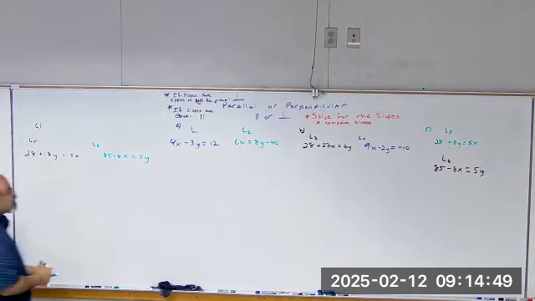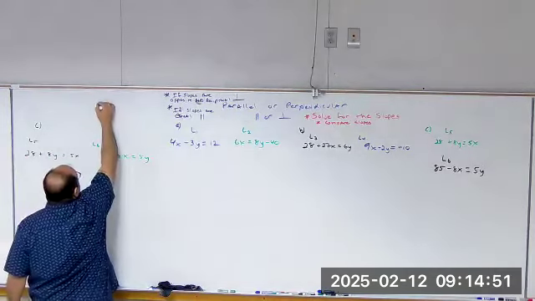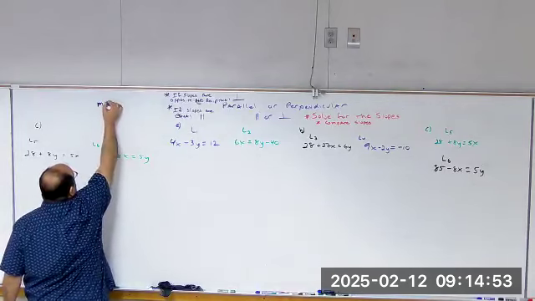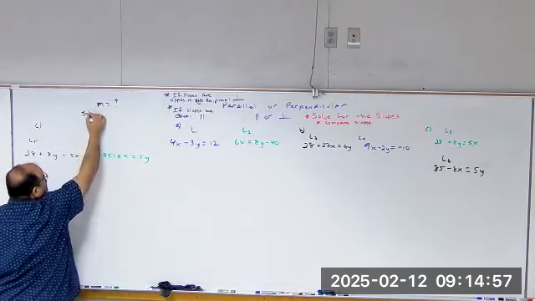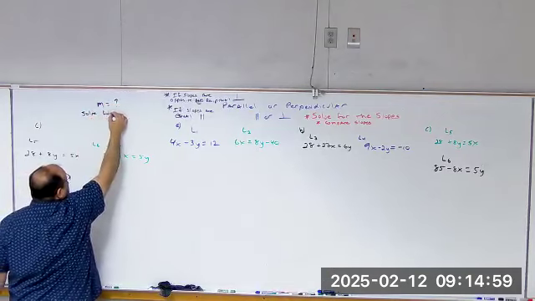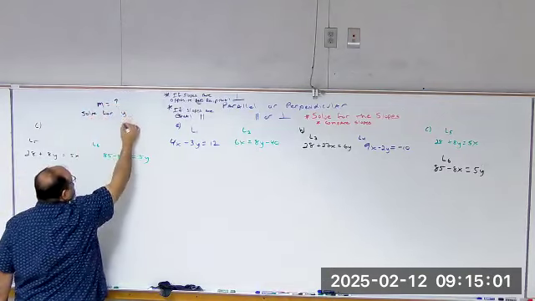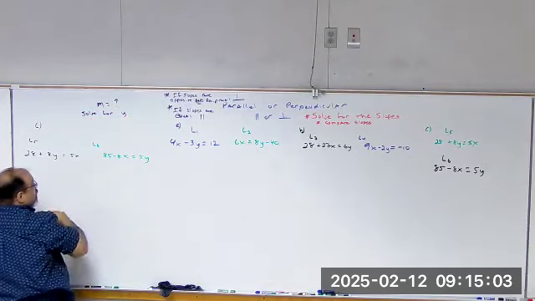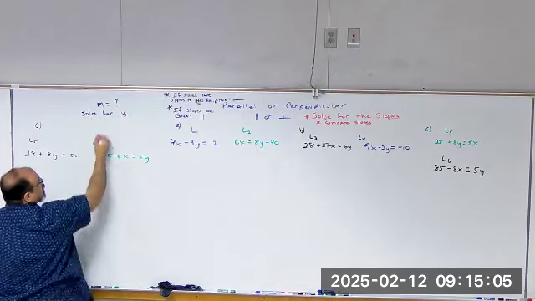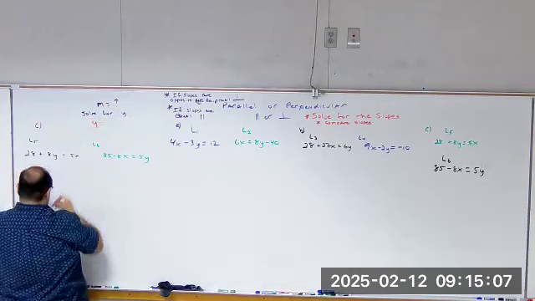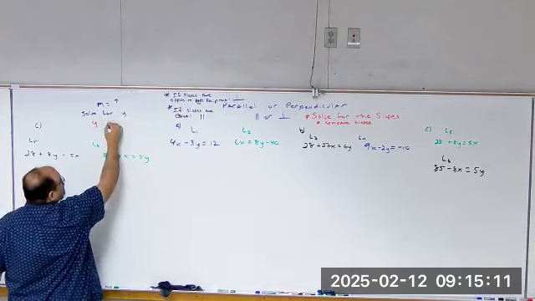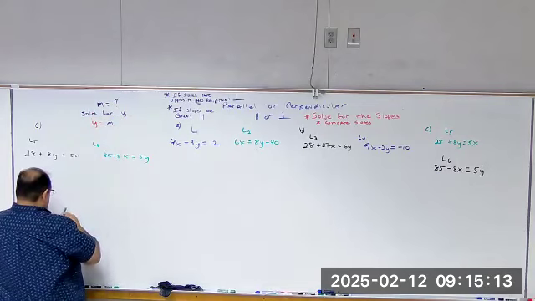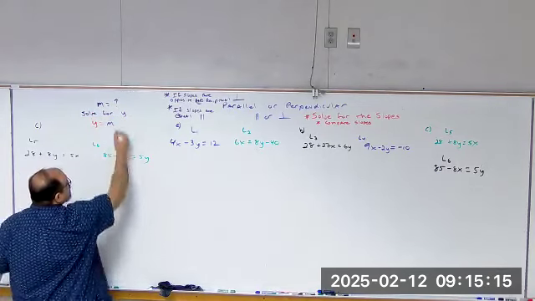Compare the slopes. So we need the slope. And the way you get the slope is solve for y. Because when you put it in slope intercept form, the slope is the coefficient of the x coordinate.